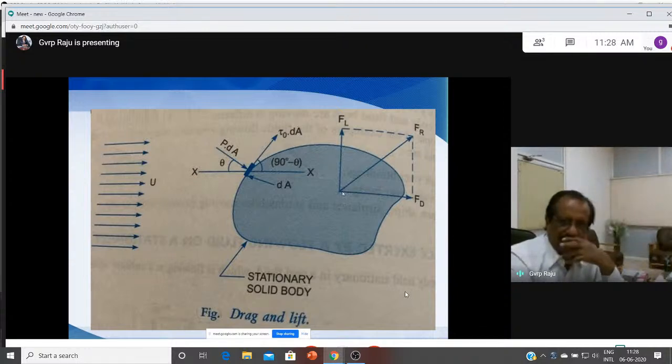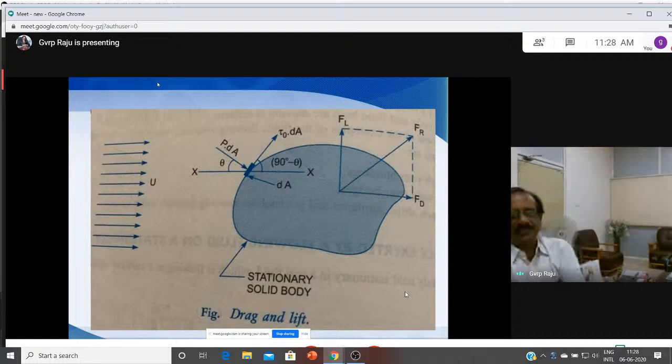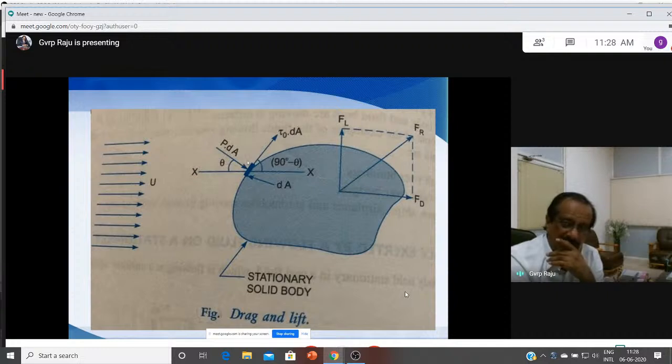Lift force, as you know, you see here, lift force. So lift force is resolving the pressure force and shear force in the direction perpendicular to the direction of the motion of the fluid. And now we resolve the pressure force in the normal direction. Then FL is the pressure force acting in this direction, P dA sin theta.